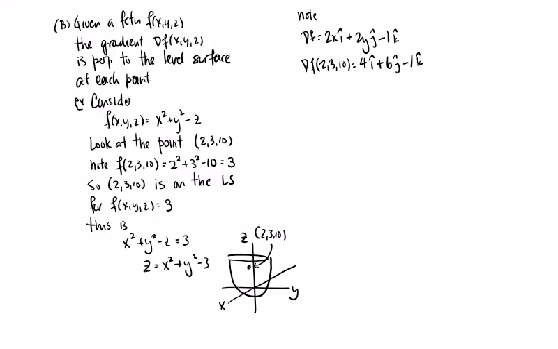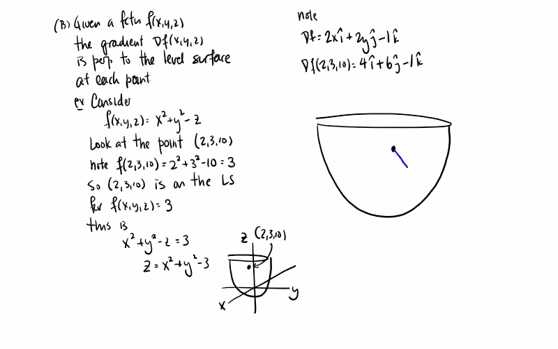So what's happening here is that we have this paraboloid. We have this point that's on it. We have this vector, and this is a bit hard to see because it's a three-dimensional picture. But this vector is perpendicular. It comes out of this paraboloid. I'll give it some perspective so you can pretend that it's three-dimensional.